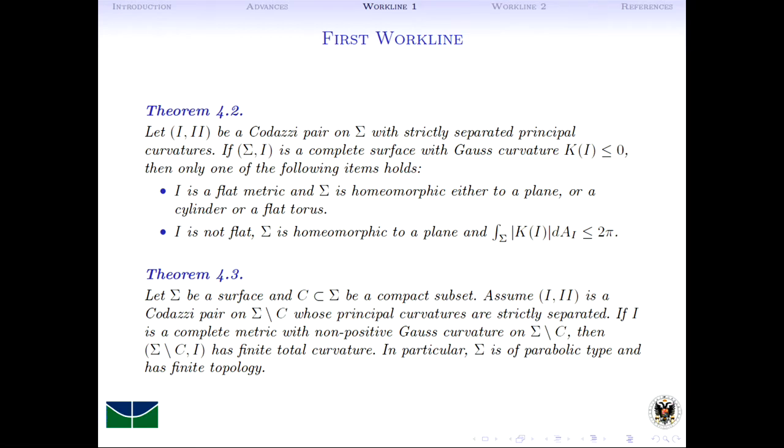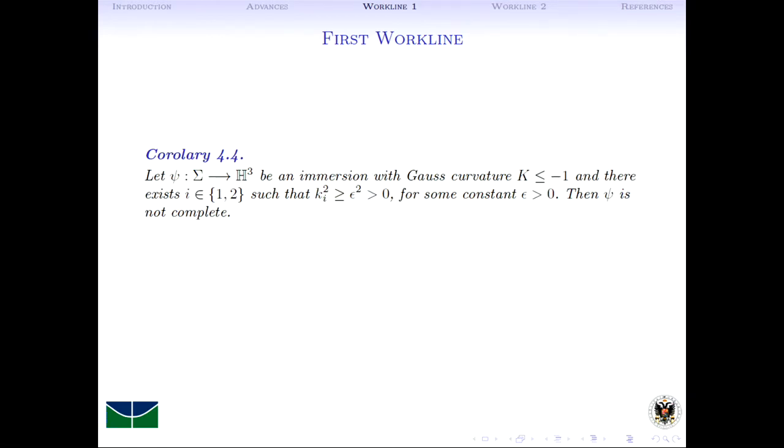Then, in those conditions, the latter theorem holds too. And by Hilbert, the surface is of parabolic type and has finite topology. These two theorems yield some interesting results of Efimov type or Milnor type for immersions in H3 and S3.